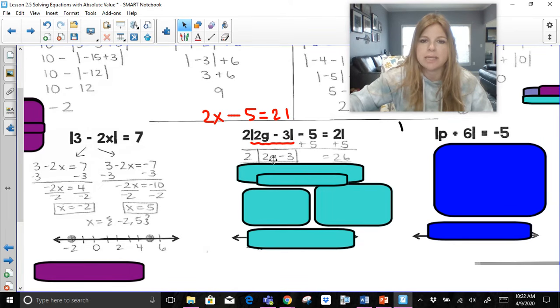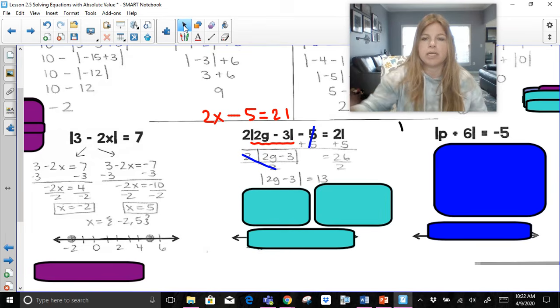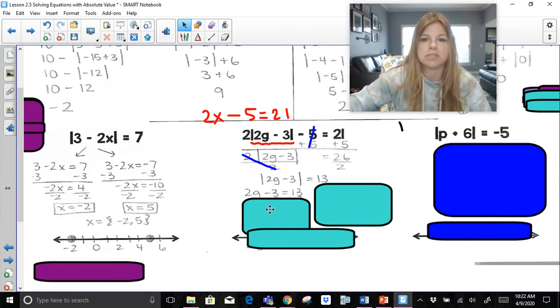Then the next step to get this expression by itself would be to divide both sides by 2. So we got rid of our 5s, and then we got rid of our 2s. And now we're able to set up our two equations. We have to set 2g minus 3 equal to 13 and 2g minus 3 equal to a negative 13.